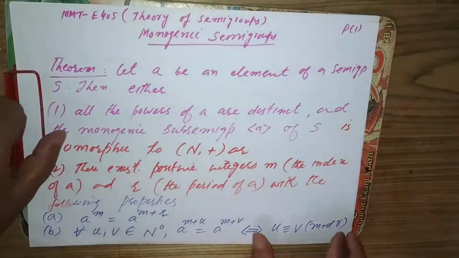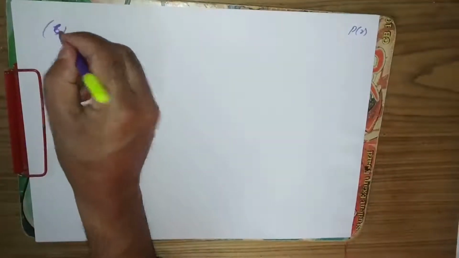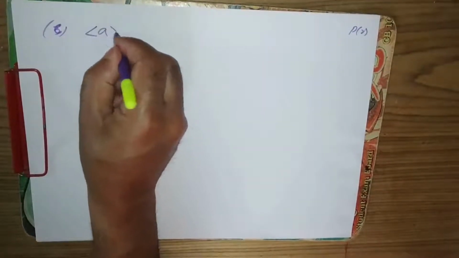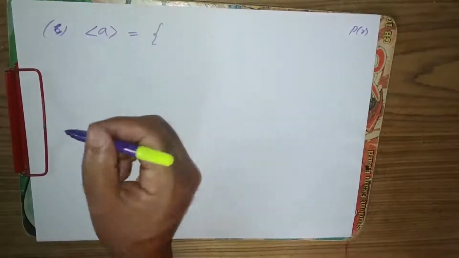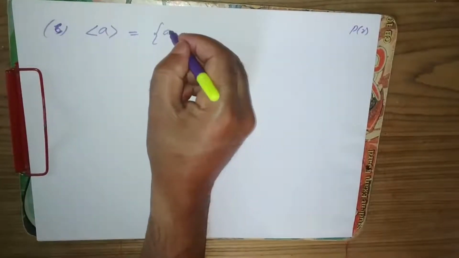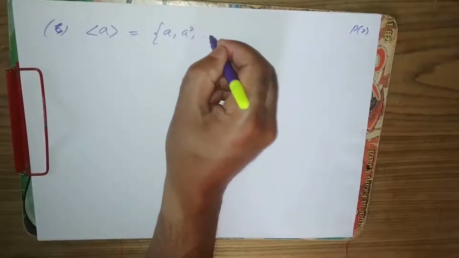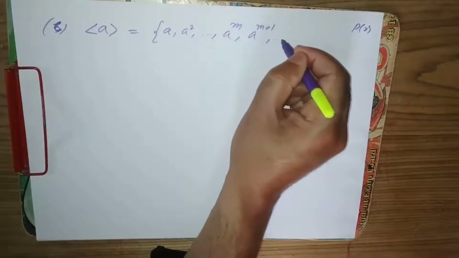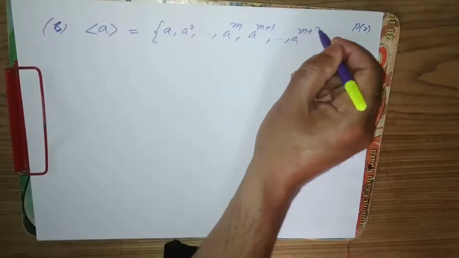And the third property, it's property C. Sorry, third property: the monogenic semigroup generated by A is equal to, in this case, a, a squared, up to a power m, then a power m plus 1, up to a power m plus r minus 1.